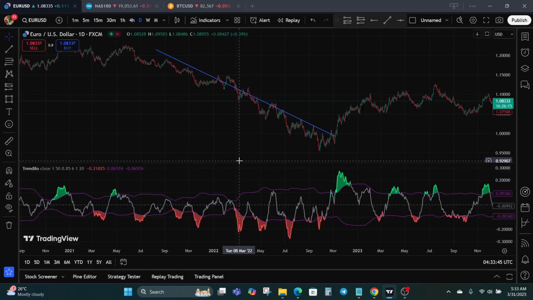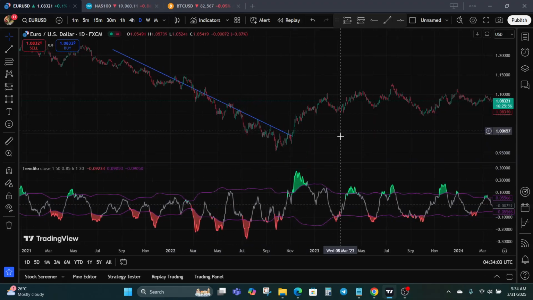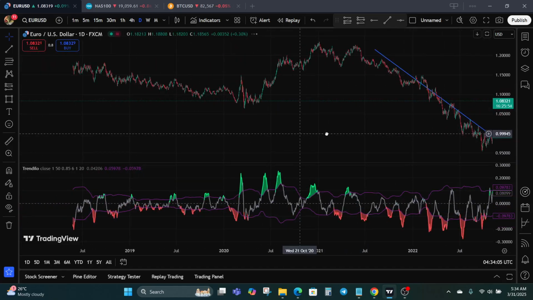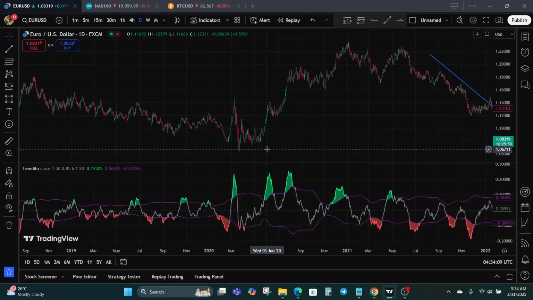Now let's just also look at how to use the Trendilo indicator effectively. All right, here's how you can make the most of the Trendilo indicator in your trading. One is that you have to look for high probability reversal signals that align with trend confirmation. Remember, I mentioned that when you have the green shades, it shows that bullish momentum is prevailing, right?